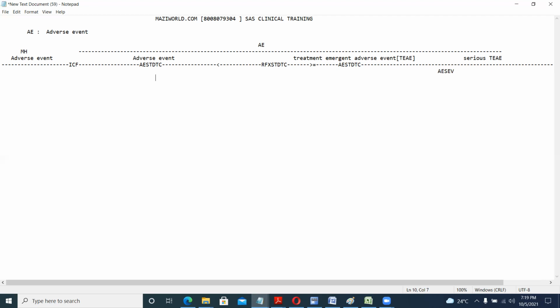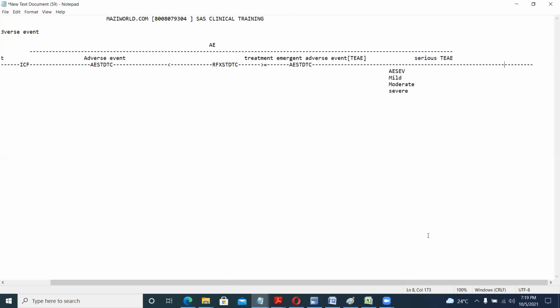So in the AE severity, there is mild, the next one moderate, and the next one severe. So mild, moderate, severe.